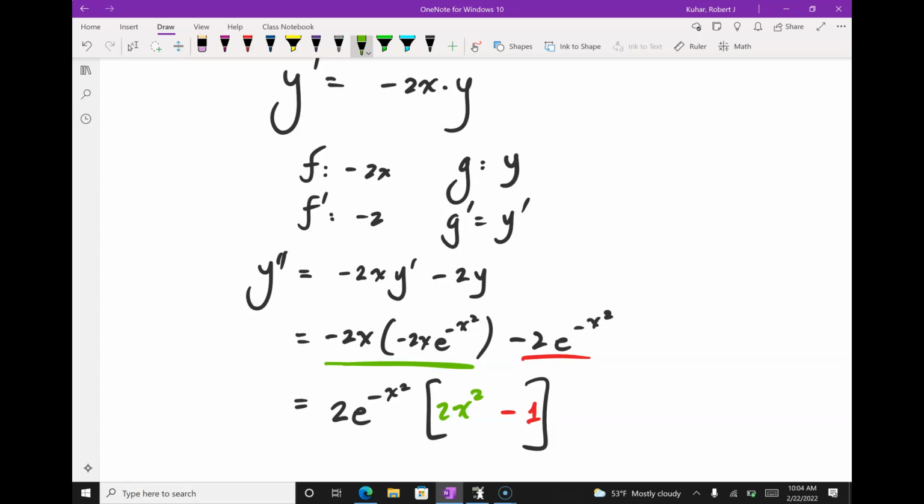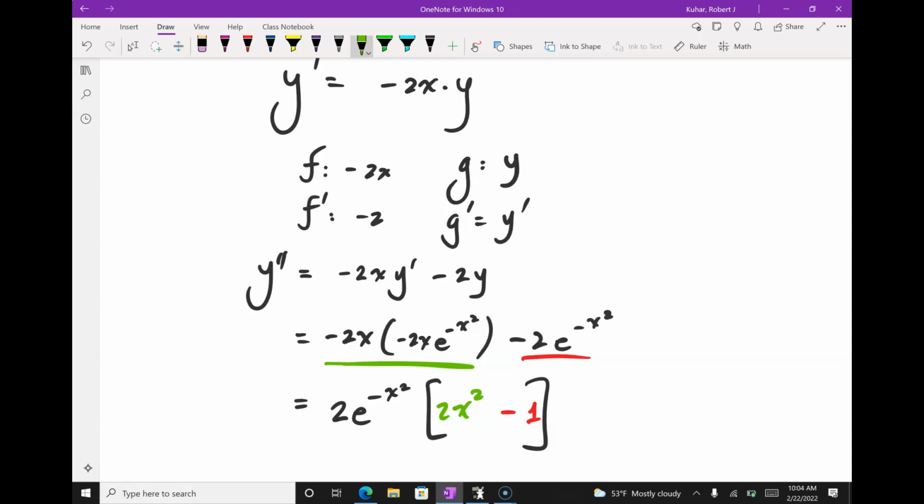Now I want to talk about, how are we doing? We okay? I want to talk about critical values here. I think I've mentioned it several times. It's chapter 4, but I often ask you for them on the midterm. I'll say, find me the derivative and find me the critical values of the derivative, or find me the second derivative and find me the critical values of the second derivative.